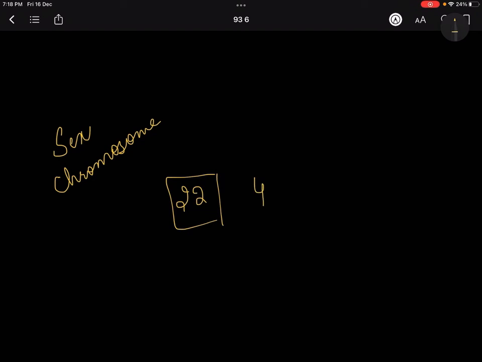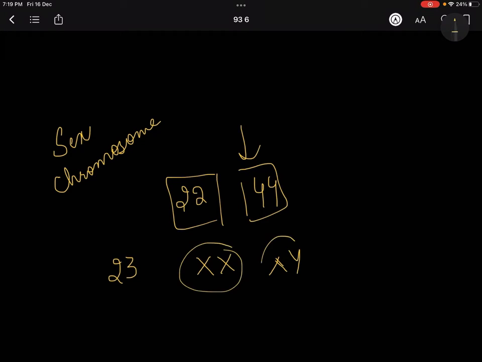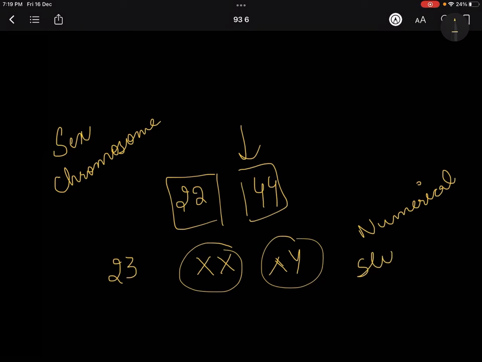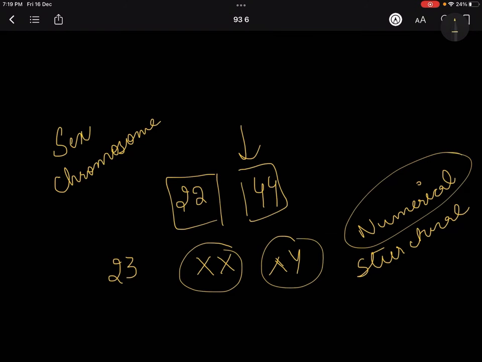That means those 44 chromosomes we are not talking about, and we are not touching the last pair, that is the 23rd pair, which is either an XX or an XY. We are studying this. In this also we are studying the numerical changes. So we are not talking about the structural changes, we are talking about the numerical changes.